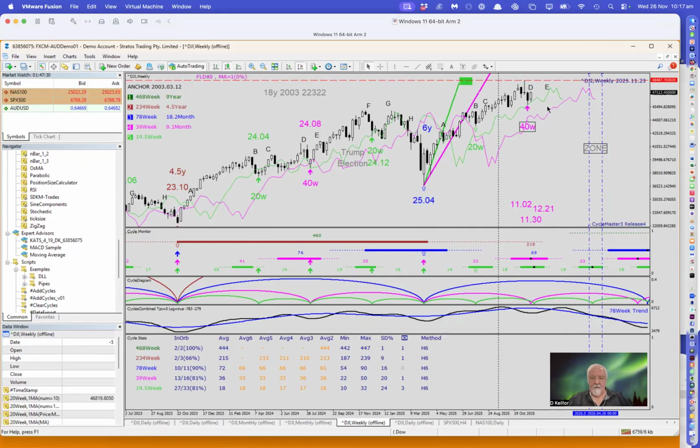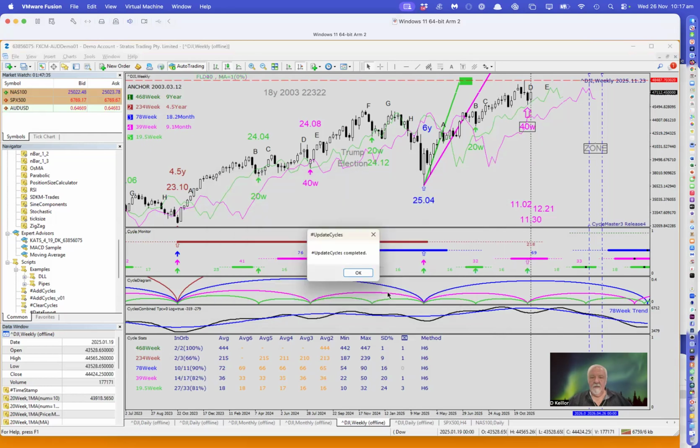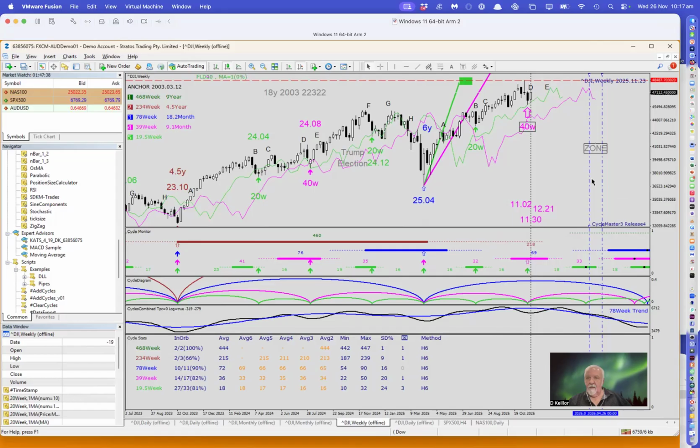So we can update cycles. And now we can locate our next 20-week zone, which is the lime green orb. So that's the next zone that we'll be looking for.